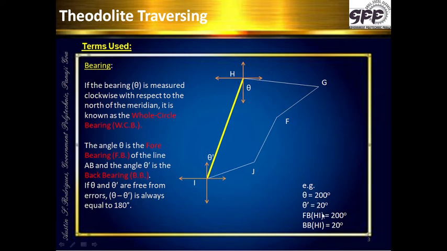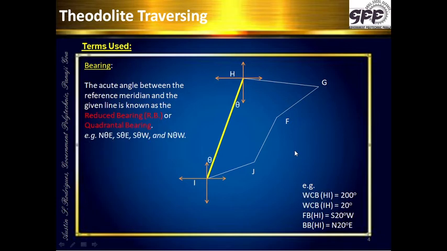Now the acute angle the line makes with the north-south direction, or the fixed direction, or the meridian, is called the reduced bearing or the quadrantal bearing. So whenever we are defining that acute angle bearing, we define it as the north or south direction, then the theta, and the east or west direction.